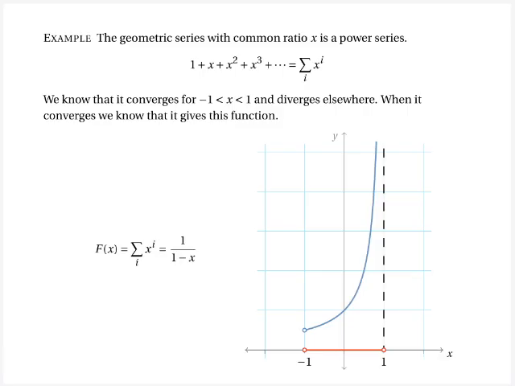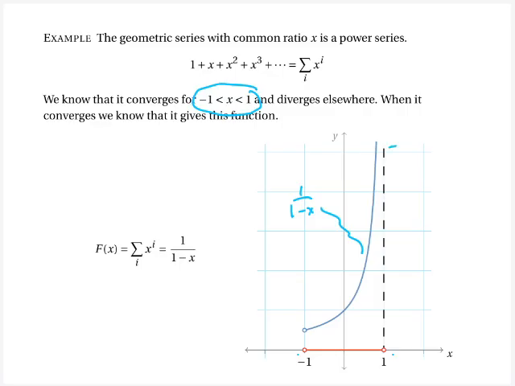So I drew a graph of 1 over 1 minus x. And I specifically identified what happens to 1 over 1 minus x in the region of interest. I have diverges at the boundary points. Of course, when you take x equals 1, you get some kind of vertical asymptote.